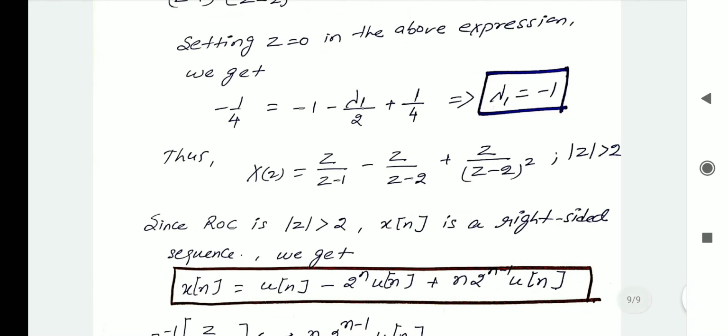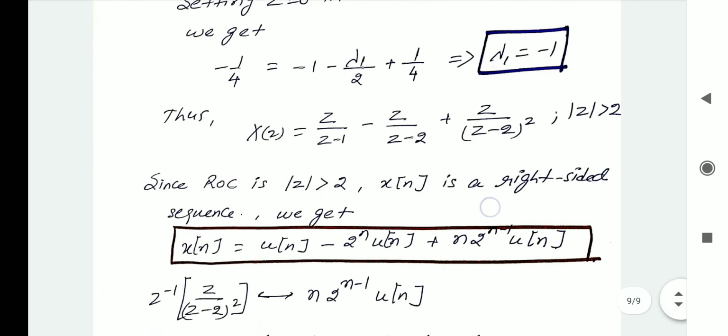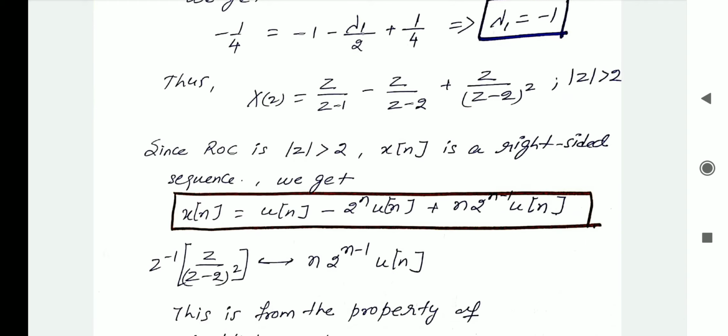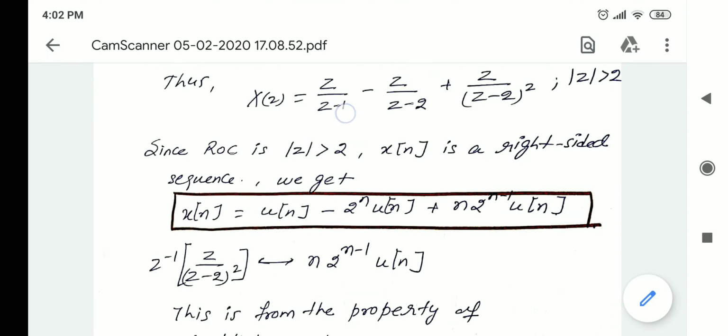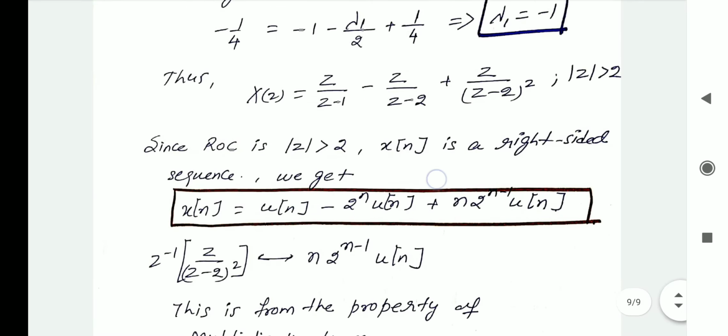This is with ROC mod of z greater than 2. From this ROC we can conclude that it is a right-sided sequence. We can directly write x of n as u of n for the first term. For the second term, minus 2 to the power n, since minus is already here, so it is minus 2 to the power n u of n.